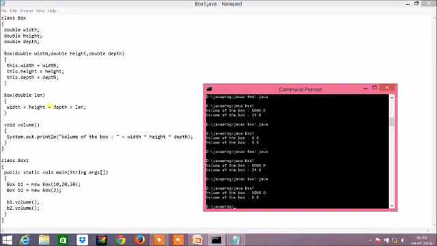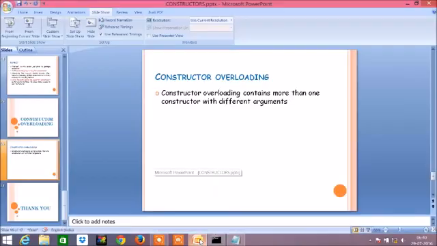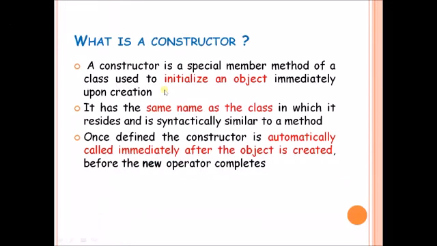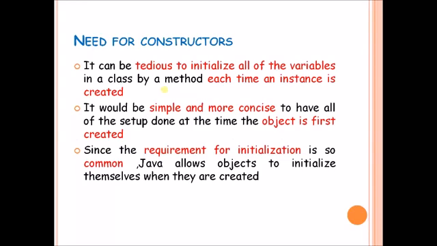So in this tutorial, I'll just summarize. First we saw what a constructor is. It is a special member method which is used to initialize an object immediately on creation. It has the same name as the class and it does not have any return type.